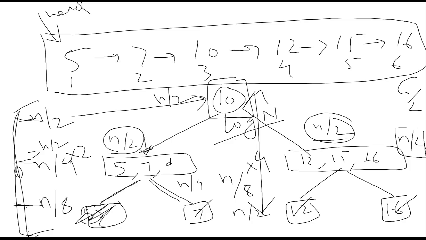When we have length as n by 2, how many times we'll have to iterate to get the middle? N by 4, which is essentially n by 2 divided by 2. And there are 2 subtrees, which will essentially give us back the n by 2 as the value. At every step, we'll have n by 2, n by 2, n by 2.